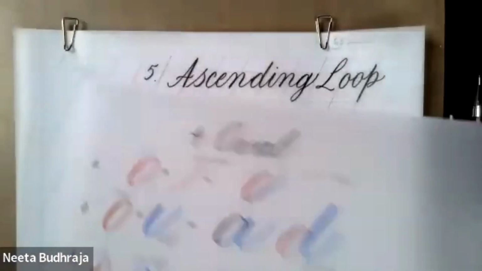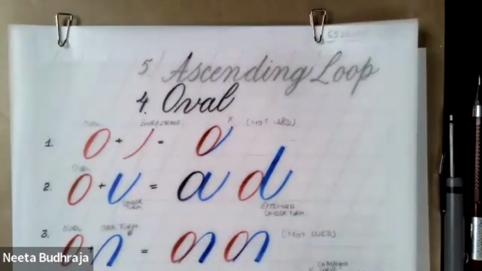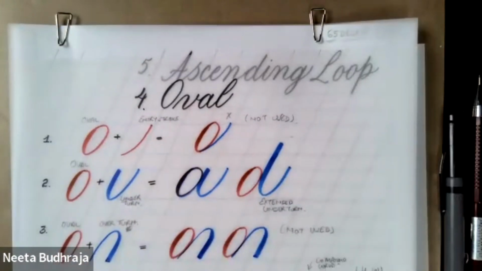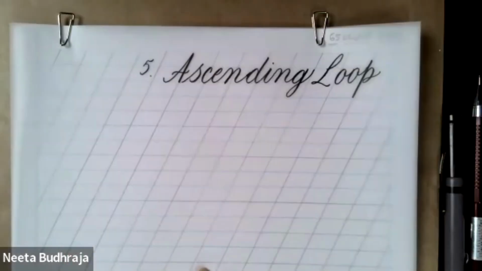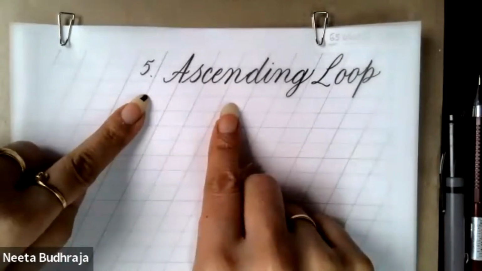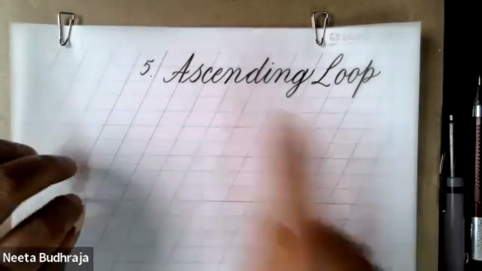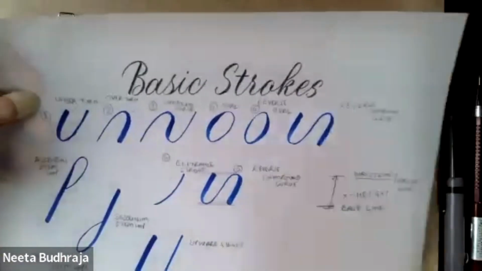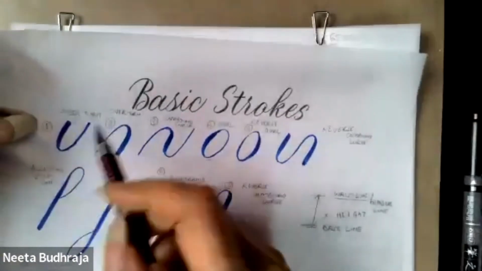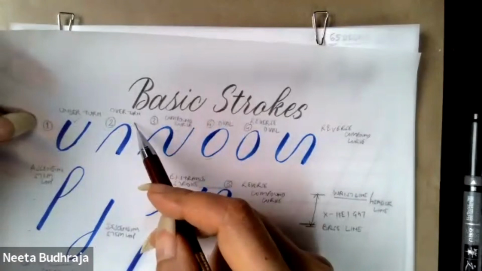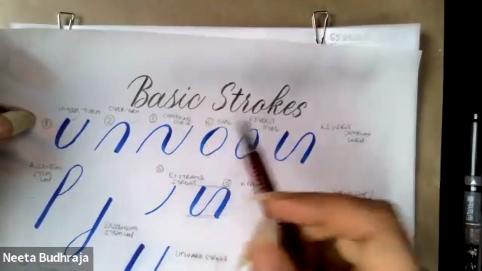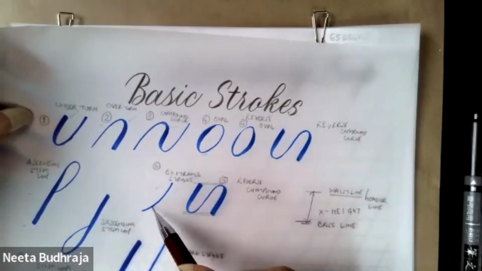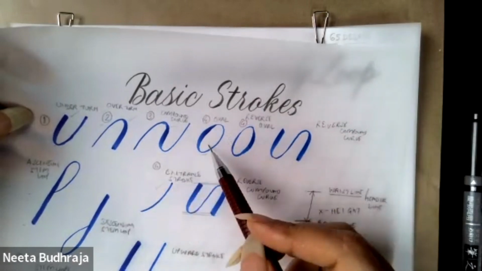And last time, as we have already seen, it was on oval and how it was used. So today is stroke connections using the ascending stem loop and the other basic strokes. Let's look at the basic strokes we have. We have already covered underturn, overturn, entry stroke, and oval as well.